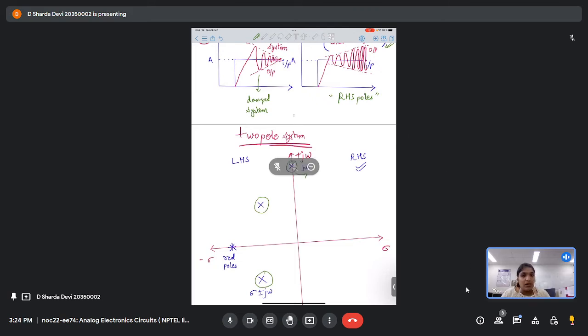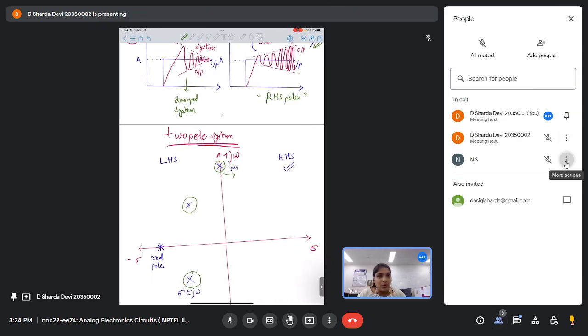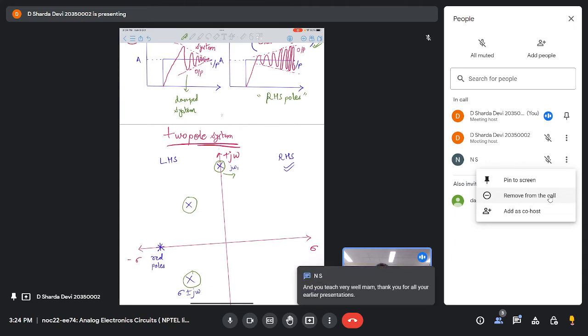Okay, so you are unable to log out, that is what you are saying. Do you want me to remove you from the call and you join again? I can do that. Because when you are giving time, I feel it's good if you can go through along with me, because it makes no sense when you are unable to see the screen.